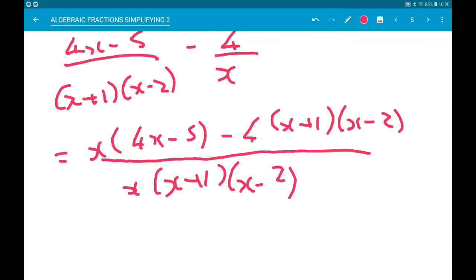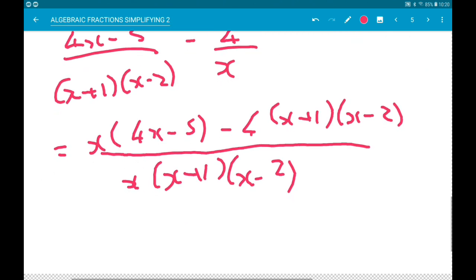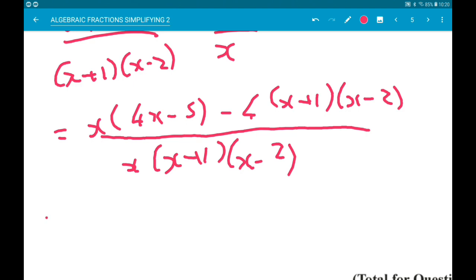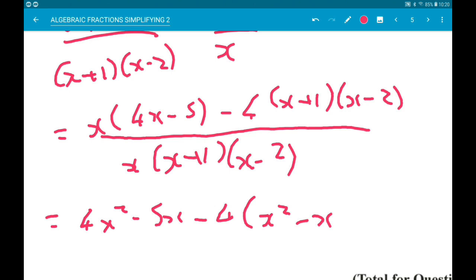So now we need to expand. So up on top we are going to have 4x squared minus 5x and then minus 4 lots of x squared minus 2x add 1x, so that's minus x, and then minus 2.